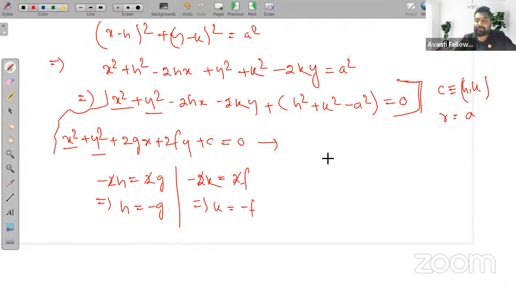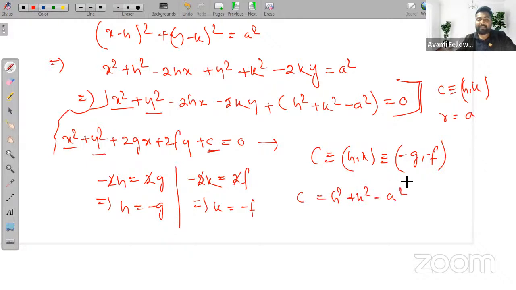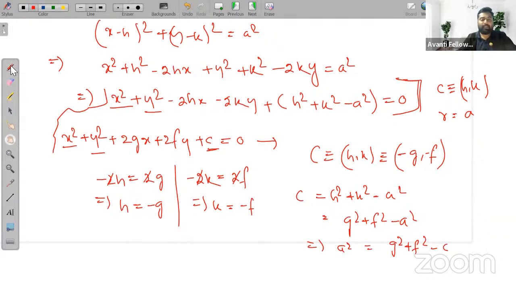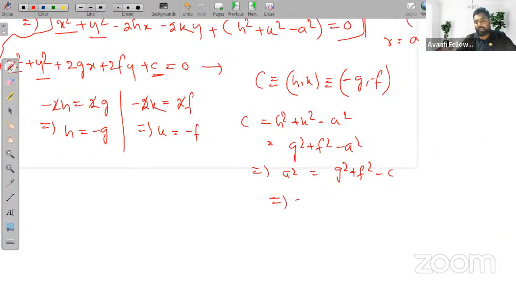So the center becomes (minus g, minus f). And what is c here? c is h square plus k square minus a square. Since h is minus g, that is g square plus f square minus a square. So a square becomes g square plus f square minus c, right? So a is the square root of g square plus f square minus c. This is my radius.